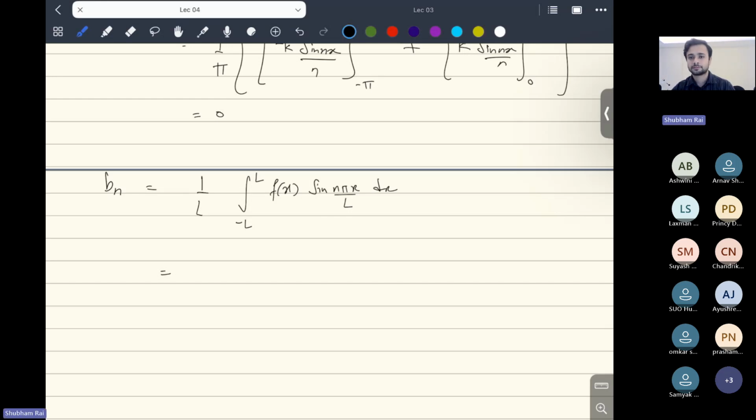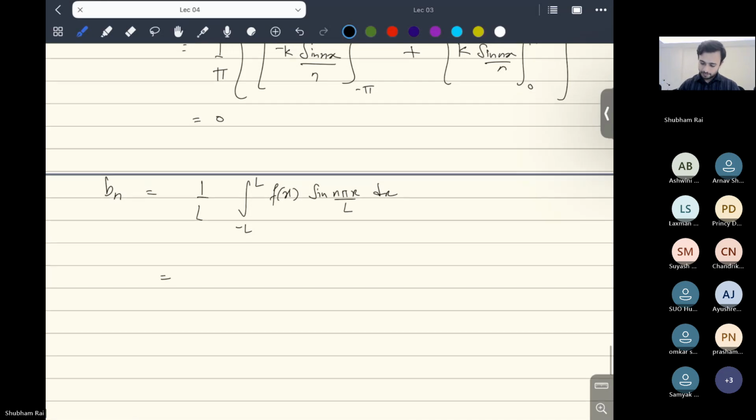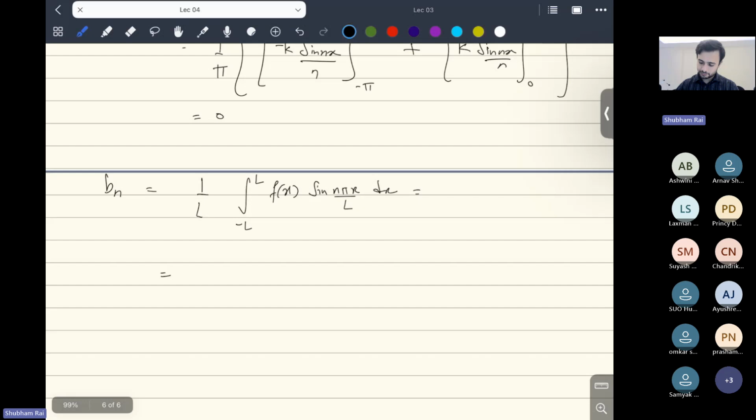Yes, Vakas. You have told me a0, an, and can you tell me now what is bn? So let's substitute here. You'll get 1 over pi, because L is pi, integral from minus pi to pi of f of x sine nx, right? Because L is pi.